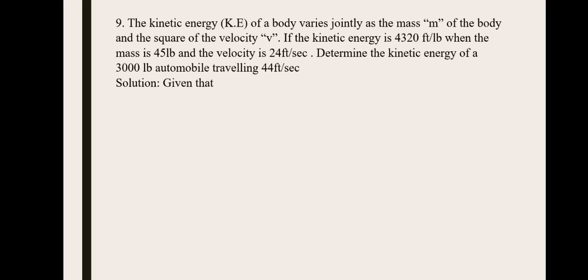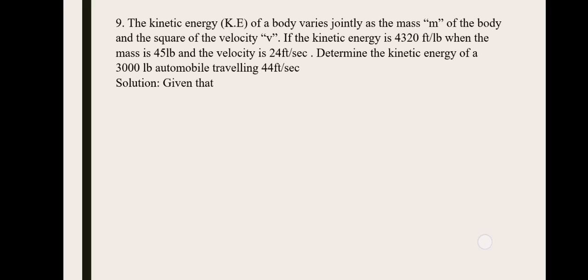Question number 9, that is the last question of today's lecture: the kinetic energy of a body varies jointly as the mass m of the body and the square of the velocity v. If the kinetic energy is 4320 foot-pounds when the mass is 45 lb and velocity is 24 feet per second, determine the kinetic energy of a 3000 lb automobile traveling 44 feet per second.